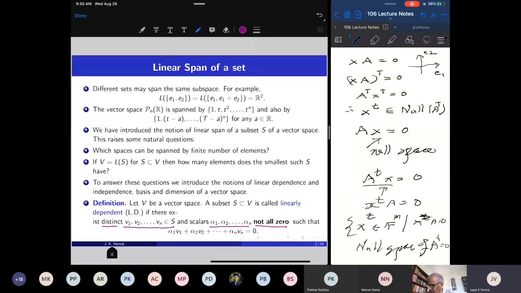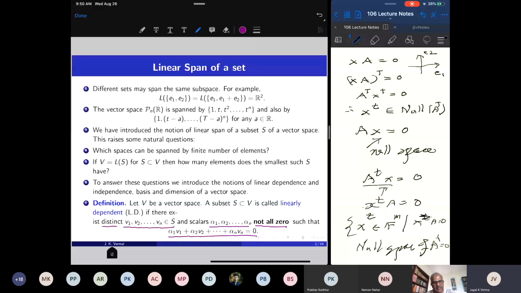At least one of them is non-zero, and such that this linear combination alpha 1 v1 plus alpha 2 v2 plus ... plus alpha n vn is 0. Then we say these distinct vectors v1, v2, ..., vn are linearly dependent.